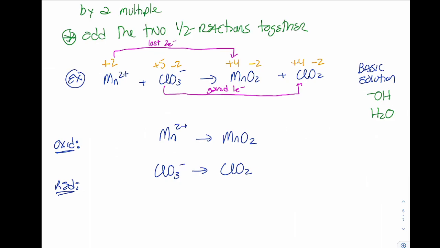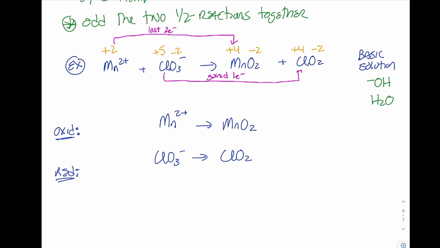So a general rule: go to the side that you're short oxygen on, and then add twice the amount of hydroxide. So again, I have 2 oxygen here, right? I don't have any oxygen here. So I'm short on the reactant side. I'm short by 2. So I'm going to add 4 hydroxide.